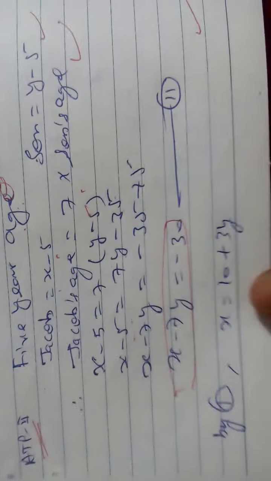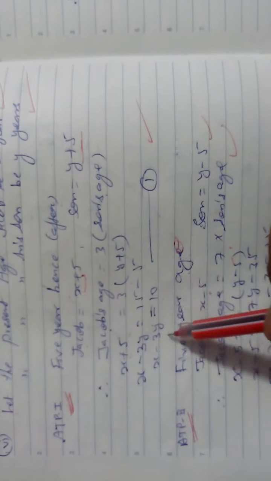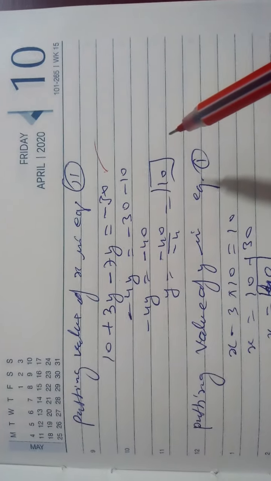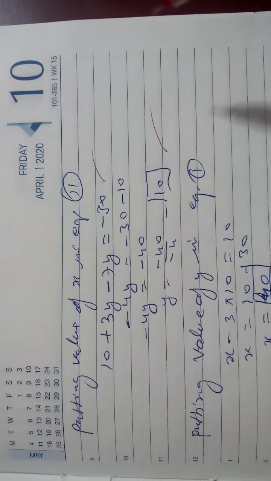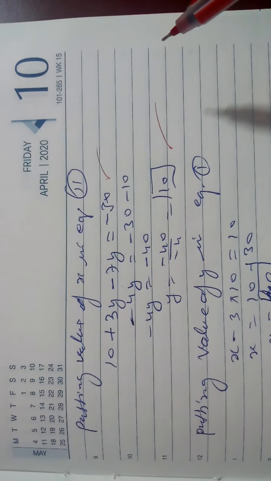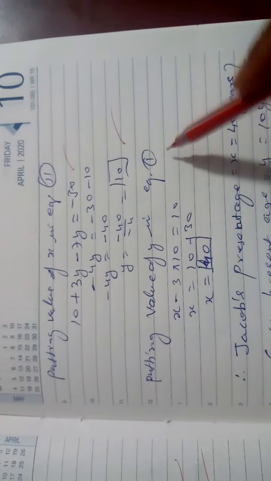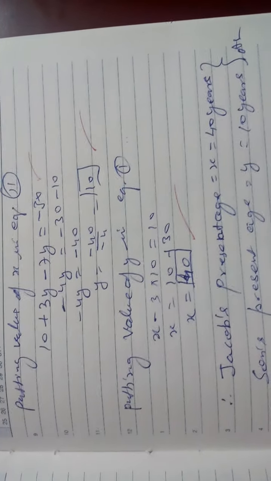Now by the first equation, you are getting x is equal to 10 plus 3y. This you put in the second. So 10 plus 3y minus 7y is equal to minus 30. Getting y is 10. Now putting the value of y in equation 1, you are getting x is 40.